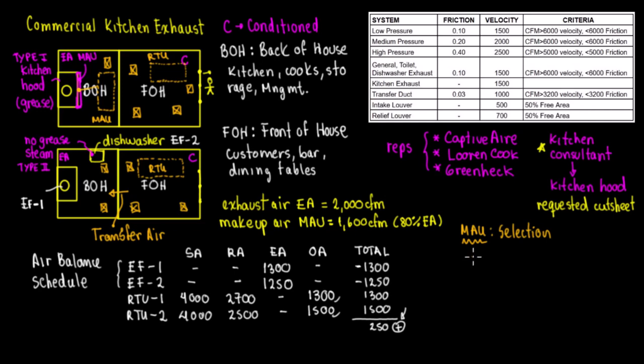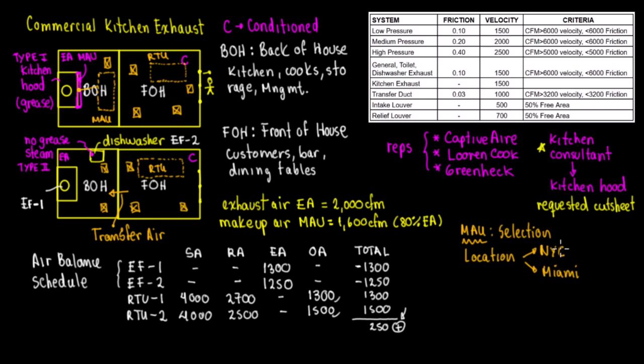Anytime you're going to contact a representative, he's going to ask you the location. It's different if you're doing, for example, upstate New York. So let's say New York City. It's different if you're going to have a makeup air unit at a restaurant like McDonald's in Miami. Let's put Miami, right?